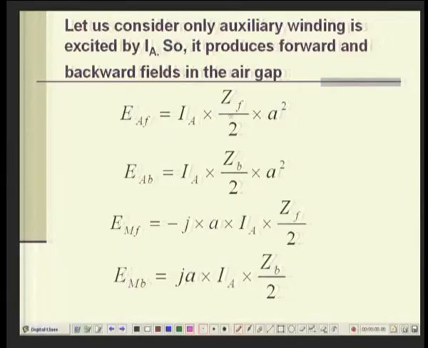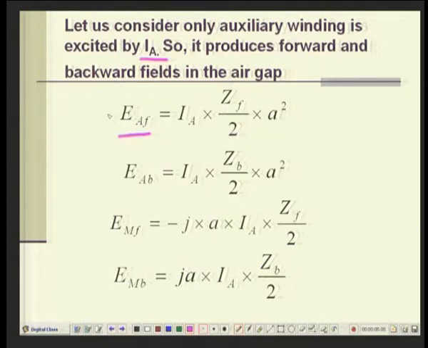Now let us consider that only IA is excited. I do not excite the main winding. So EA will be EA forward.